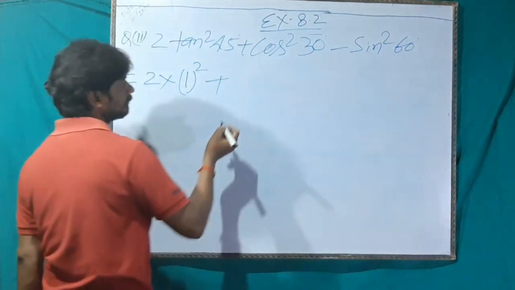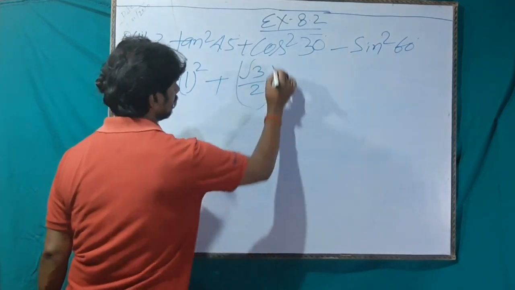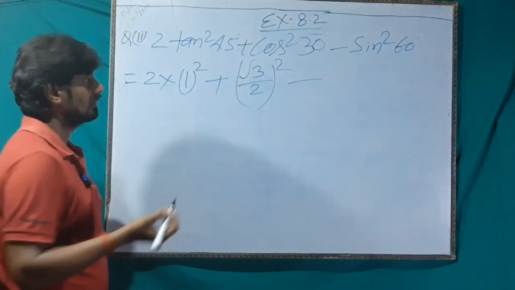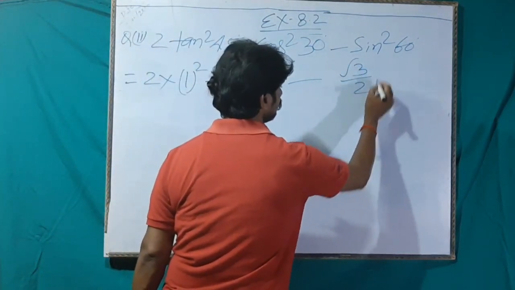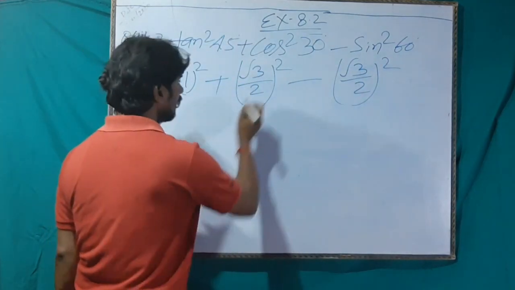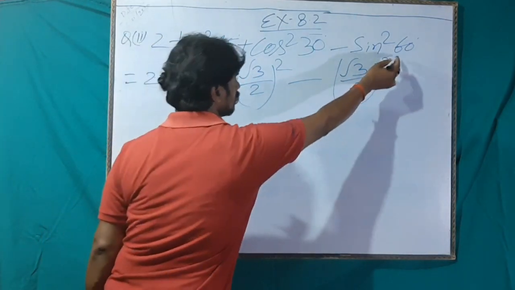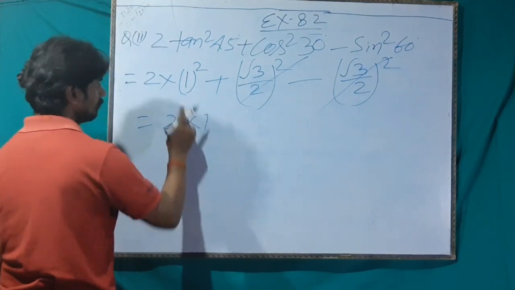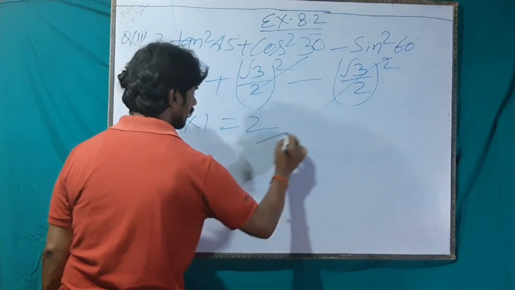Cos 30 means root 3 by 2 square minus sin square 60 degree. Sin 60 means root 3 by 2 square. Here root 3 by 2 square minus root 3 by 2 square cancel. You will get 2 into 1, because square of 1 is 1, is equal to 2. It's our answer.